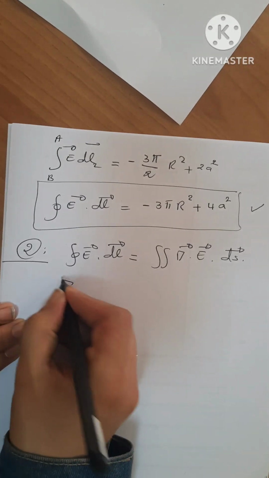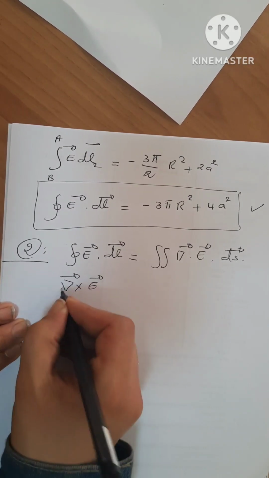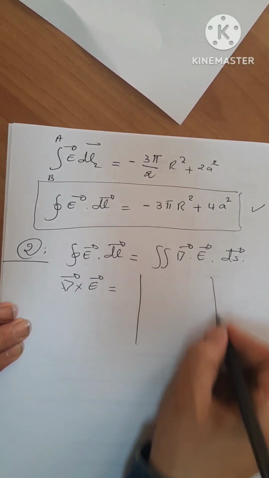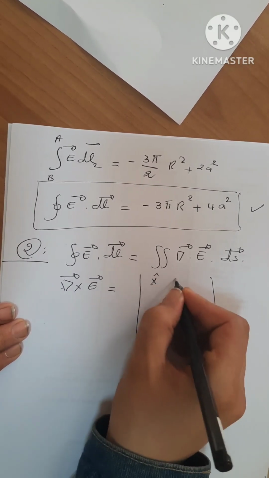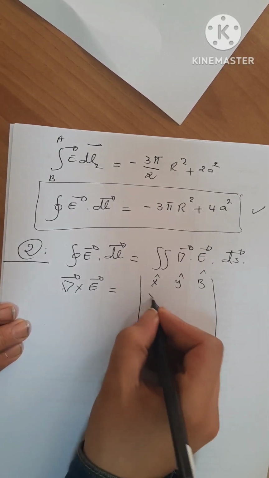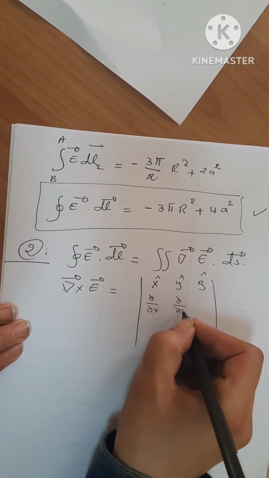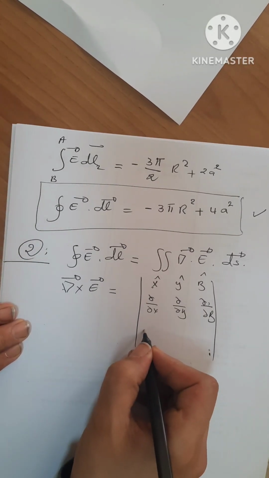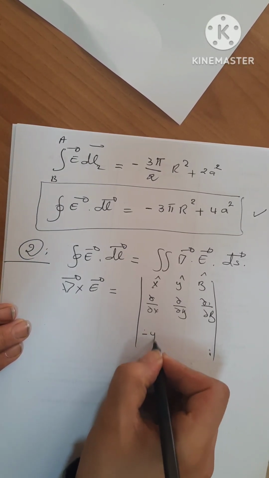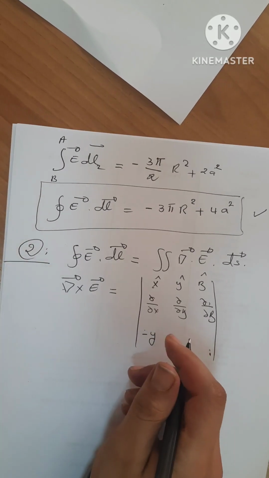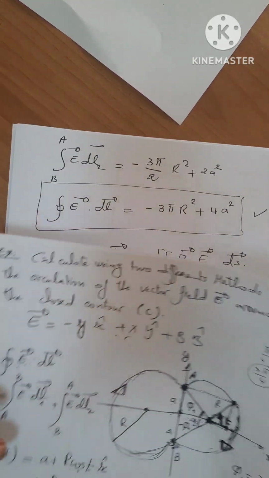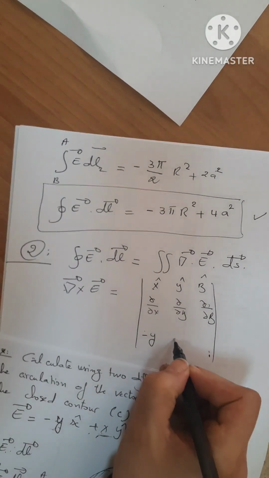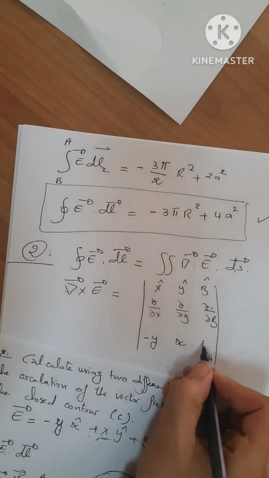Okay, so the curl of E, in Cartesian coordinates x, y, z, is d over dx, d over dy, d over dz, of Ex is minus y, Ey is x, and Ez is z.